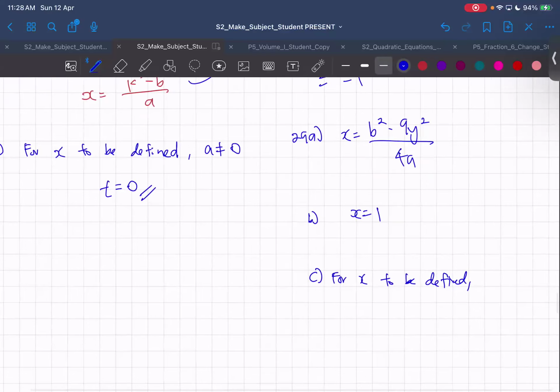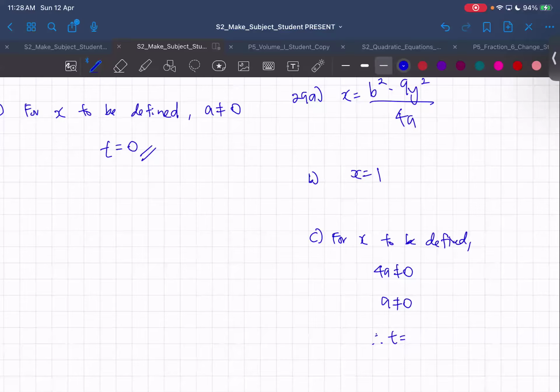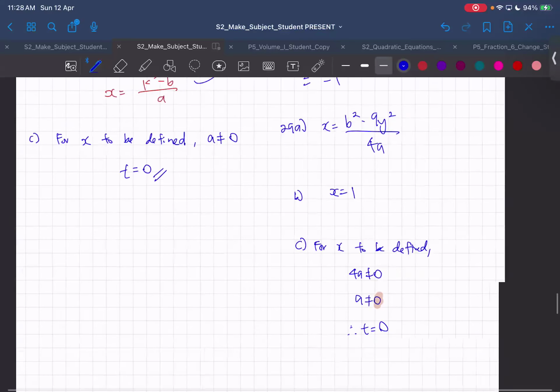Matthew? What's my denominator? Yeah, so my 4A cannot be 0. Which also means that if I divide both sides by 4, because I want only A, it's still 0, right? 0 divided by 4 is 0. So that means my T value is actually 0, because this is T. Can?